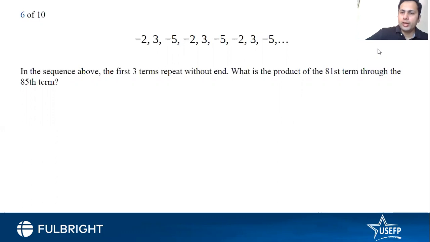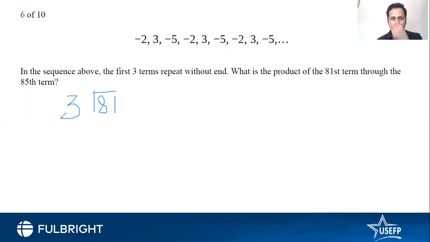So we need to get to the 81st term. If we know the 81st term, then we know the pattern in front of us and we can know the numbers after that. So the strategy is that we divide 81, the term we want to get to, by the pattern that is repeating.